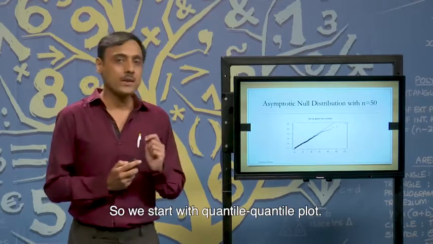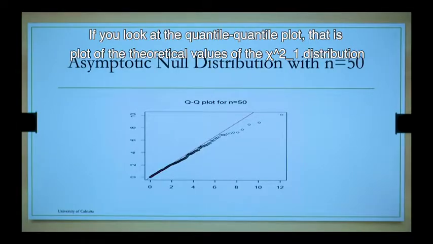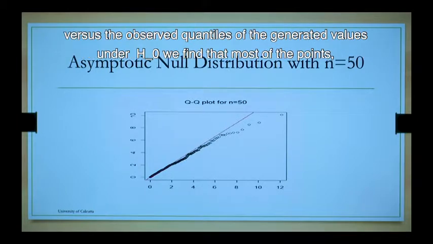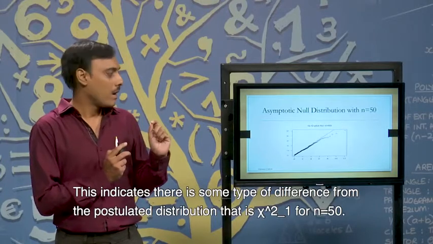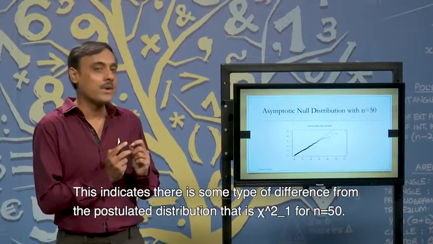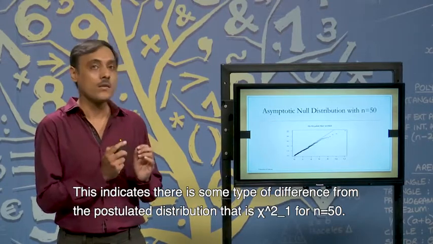So, we start with the quantile plot. If we look at the quantile plot, that is the plot of the theoretical values of the chi-square 1 distribution versus the observed quantiles of the generated values under H0, we find that most of the points, that is the circles, lie on the red line. So, this indicates there is some type of difference from the postulated distribution, chi-square 1, for n equal to 50.